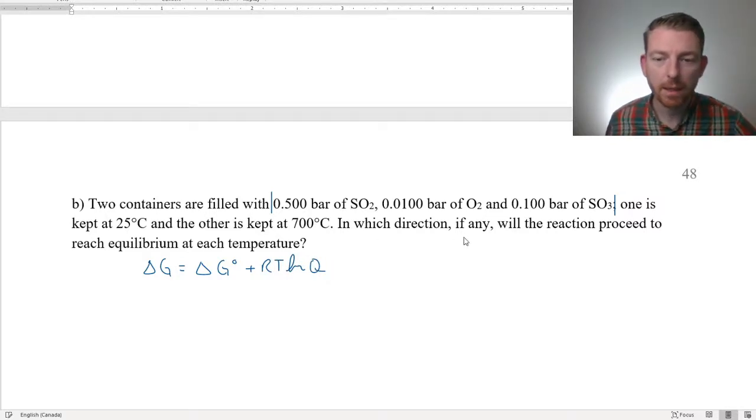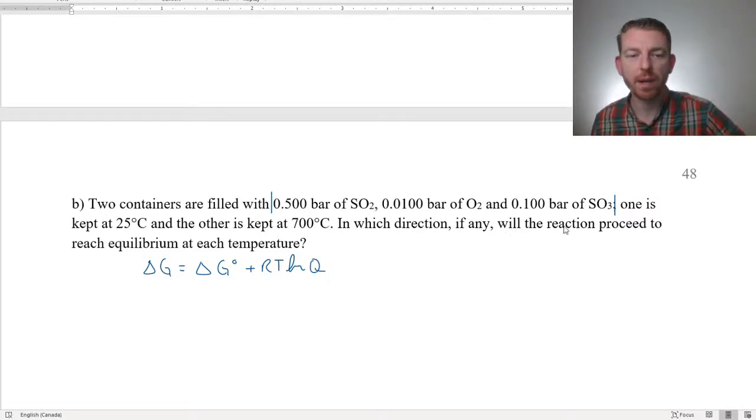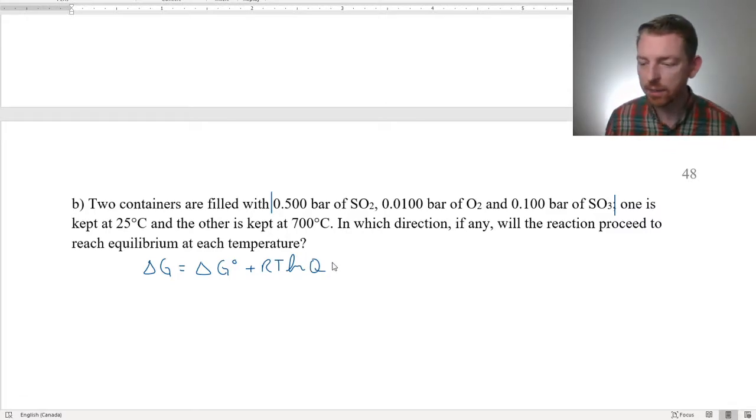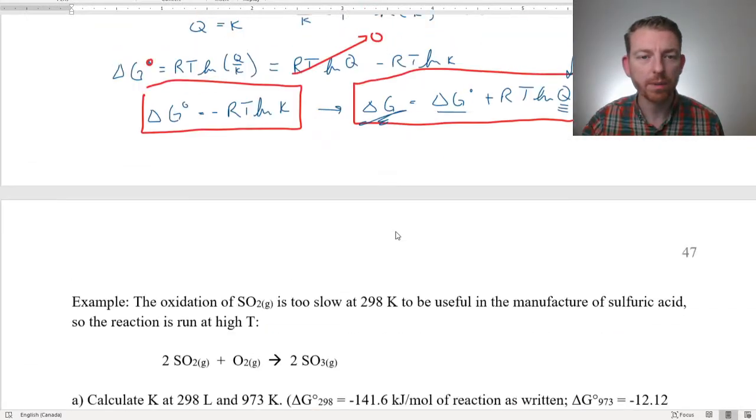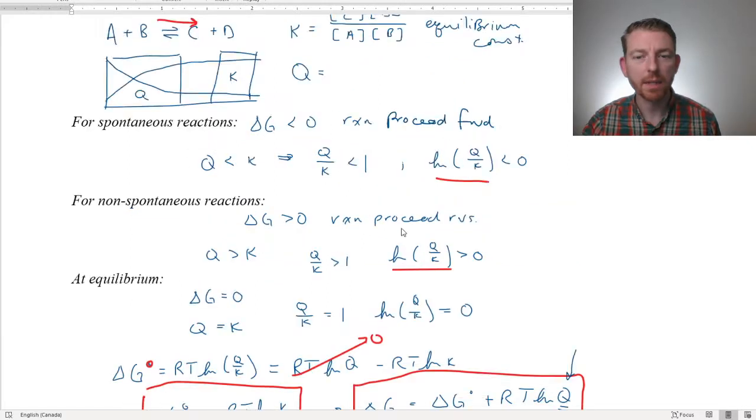Okay, let's see. Which direction, if any, will the reaction proceed to reach equilibrium at each temperature? Okay, so we don't actually need this one yet. All we're asking here is going back up to our general discussion about spontaneous reactions. We want to say if Q is greater than K, then it's non-spontaneous.